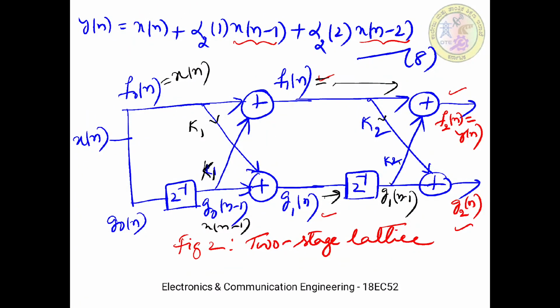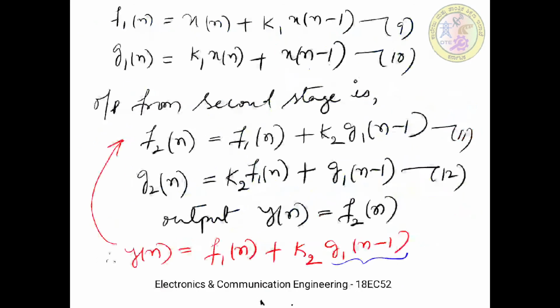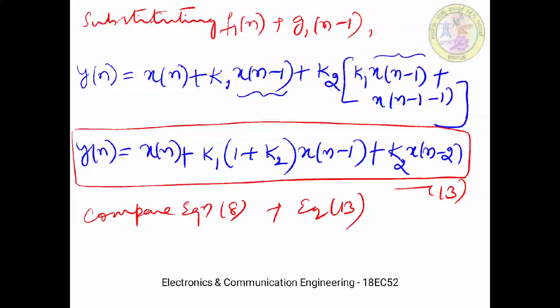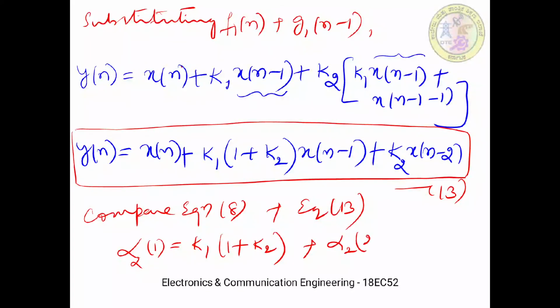And in place of alpha 2 of 2, in 13 what we have is k2. So alpha 2 of 1 is equal to k1 into 1 plus k2, and alpha 2 of 2 is equal to k2.